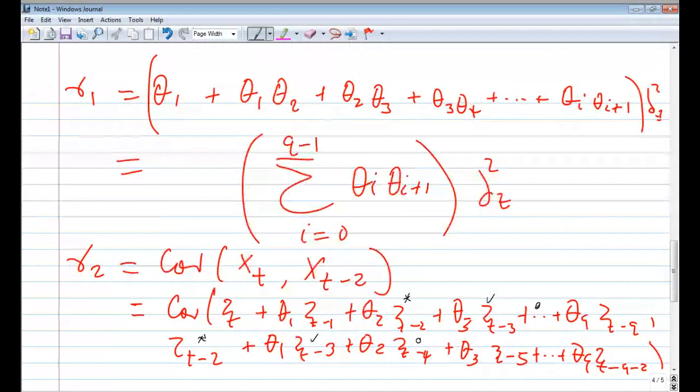The covariance of, because there is a parameter here, so it's going to be theta 2, the covariance of zt minus 1, zt minus 1, okay, plus theta 1, this one, and theta 3, the covariance of zt minus 3, zt minus 3, and so on. Okay, let me just go to the next step.